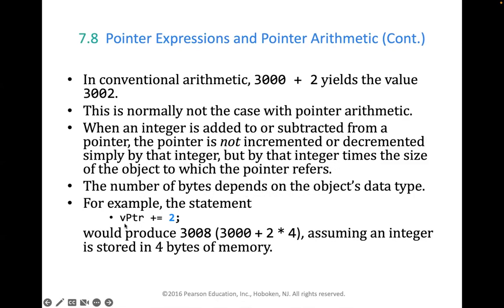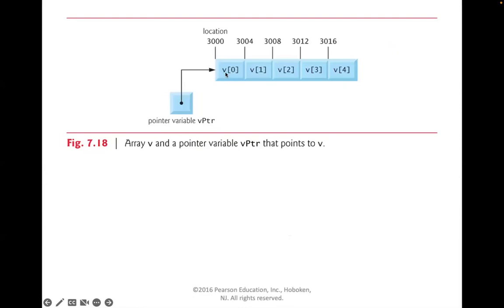Then when we use this formula, vPtr plus equal 2, the 2 here is not the bytes. Okay, so this 2 is the element number. This means the pointer will move to the right by 2 elements. So from V0, V1, then move to V2. So the pointer is now going to V2.